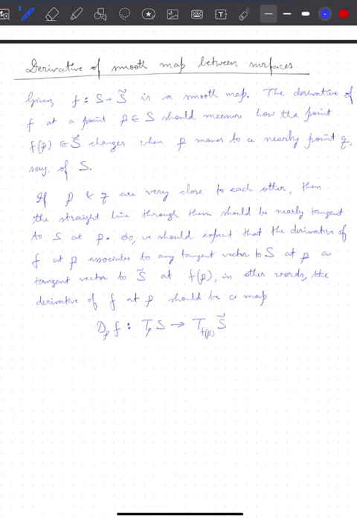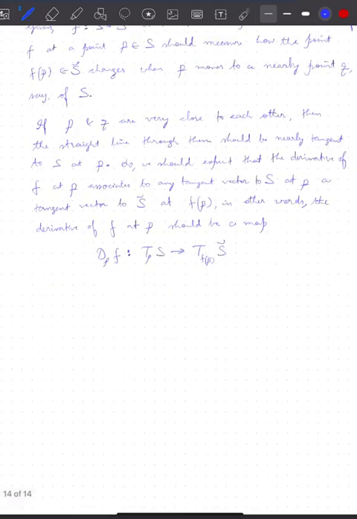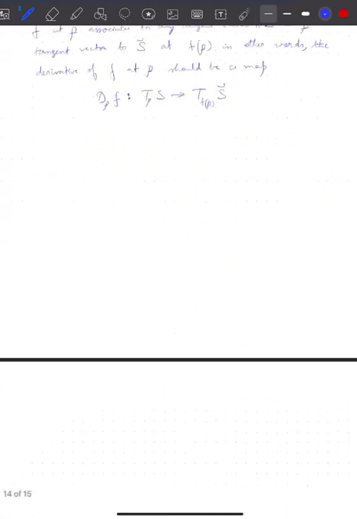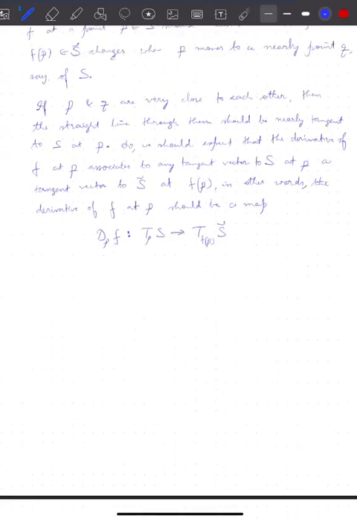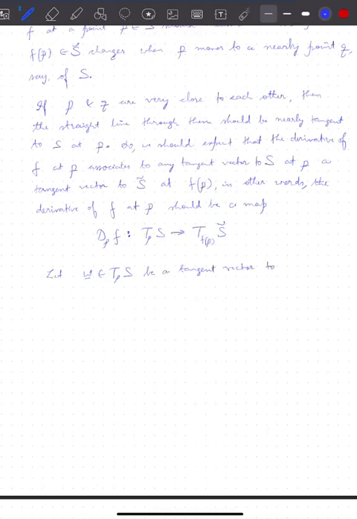So that is what it is. Say W vector is an element of T_P S, a tangent vector to S at p vector.